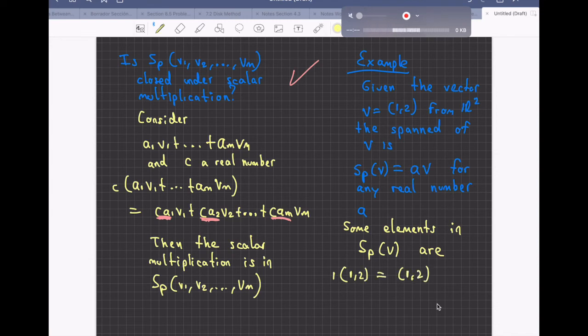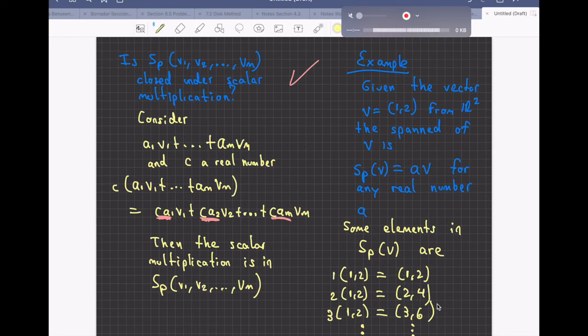This is one element from the span. 2 times (1, 2), 3 times (1, 2), and so on: (2, 4), (3, 6), and so on. So we have infinitely many.